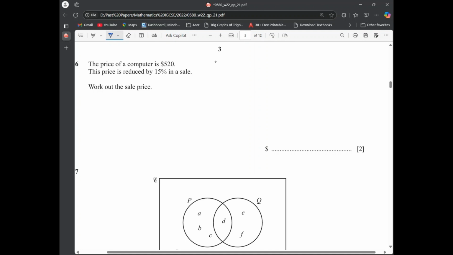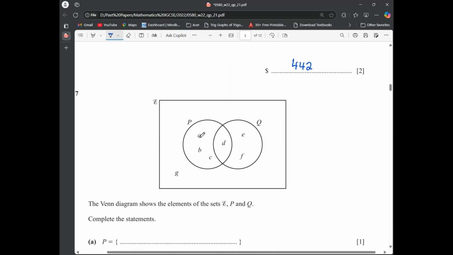Right, so the sale price will be equal to the cost price of this computer, which is 520 minus 15 percent of, and of means times, or 15 per 100 of 520, and put that in your calculator, you get $442, and that's the sale price.